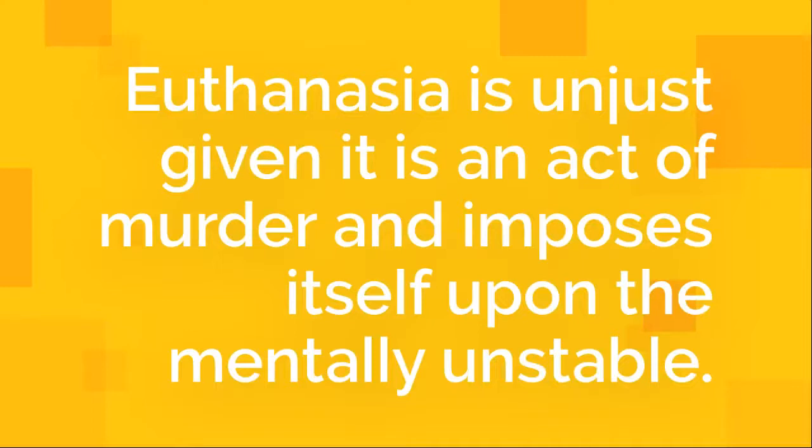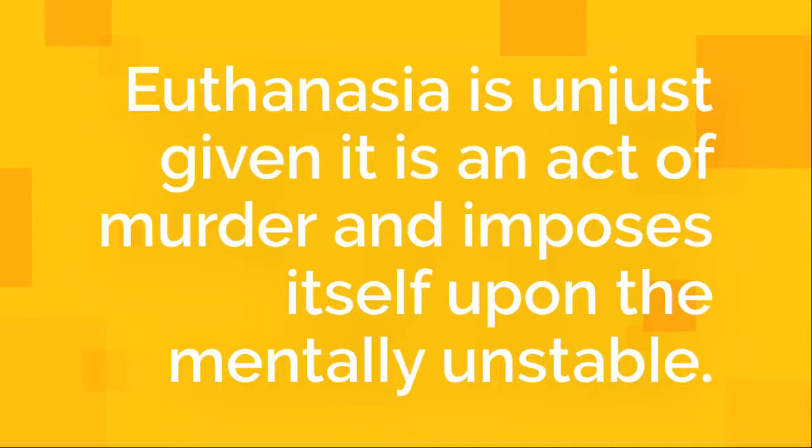Okay, so my point is that euthanasia is unjust. However, we can't just leave it at that, right? We can't just leave it at that. It's kind of like a pre-outline, or in essence an embedded outline for what the rest of your essay is going to be about.